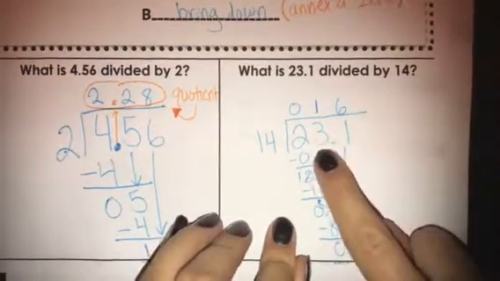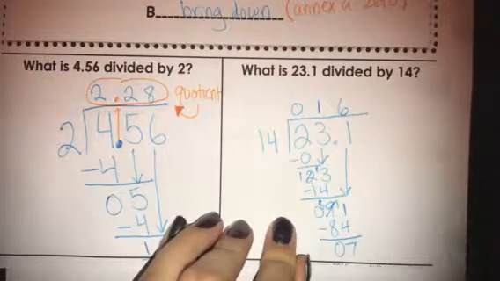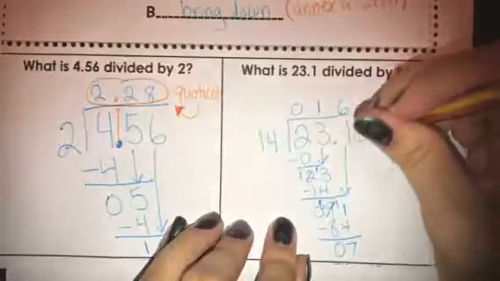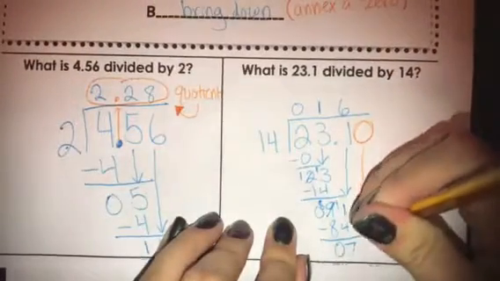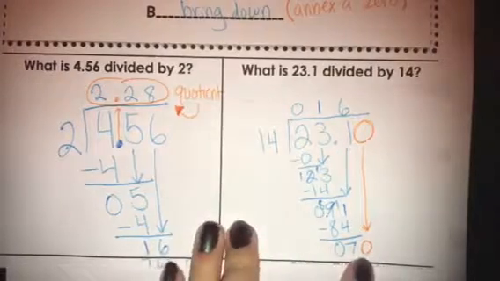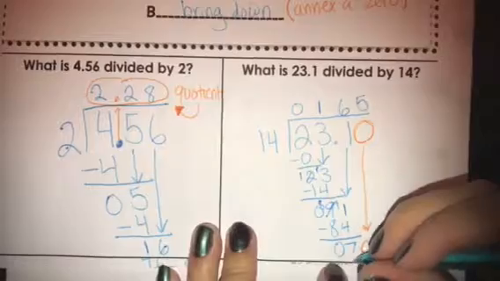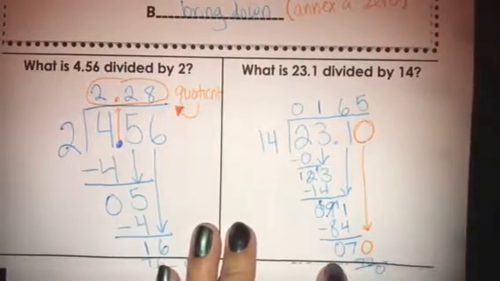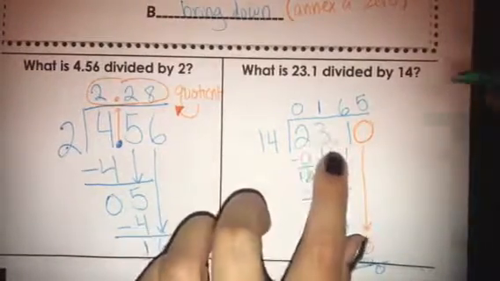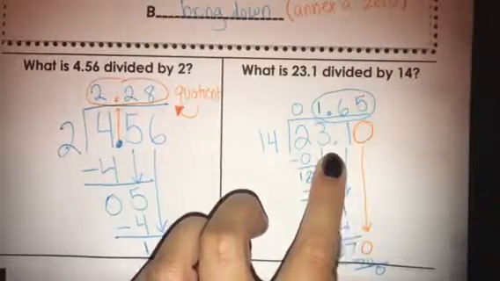Actually, you can, because there's a decimal point. There's an infinite number of zeros moving on and on. So I'm gonna annex a 0 and drag that guy down. And now I have 70. 14 goes into 70 5 times perfectly. I'm almost done. I have to float up my decimal point. And there is my answer.